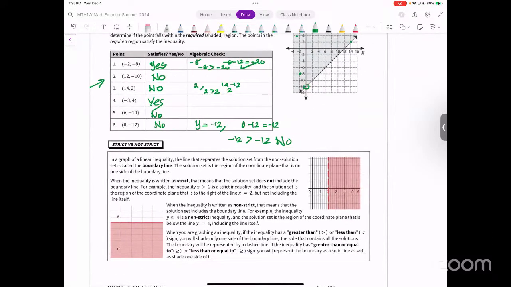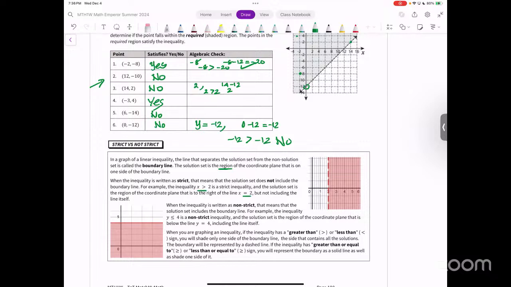We're talking about a linear inequality. In the graph of a linear inequality, the line that separates the solution set from the non-solution set is called the boundary line. The solution set is the region. It's not just a single point, it's an area. When the inequality is strict, the solution set does not include the boundary line, for example x is greater than 2.